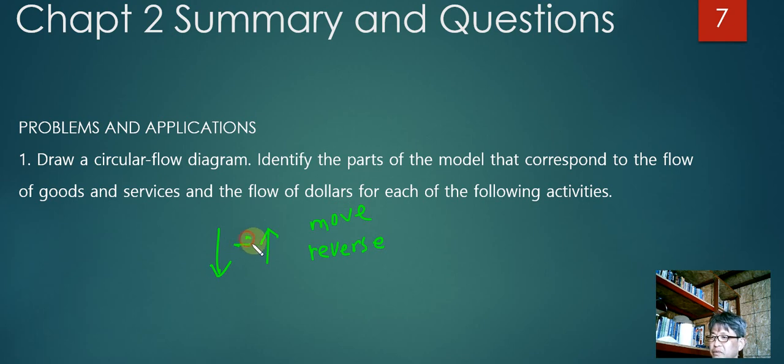But they correspond: you pay as much value as the product. So they are corresponding, and then they move reverse. This is very simple, right? Product from seller to buyer, but money from buyer to seller, corresponding.